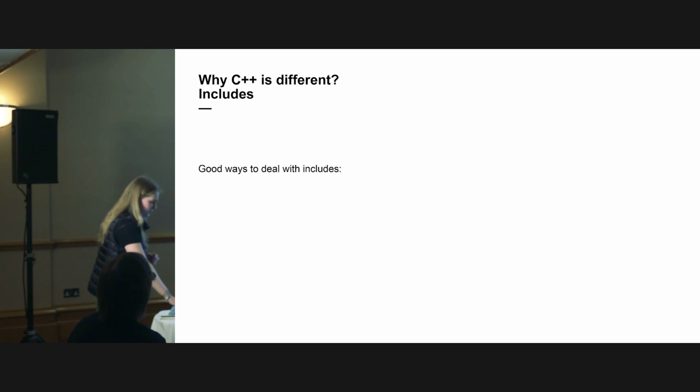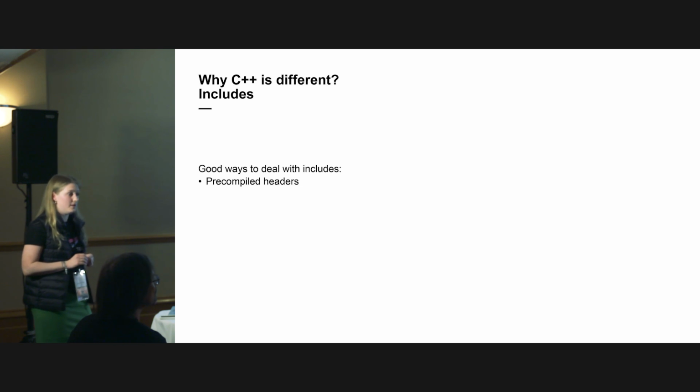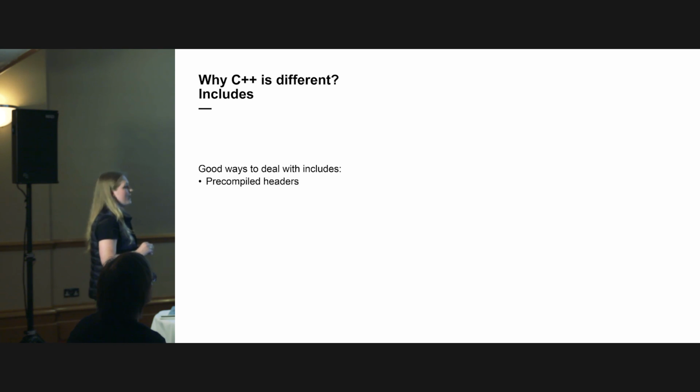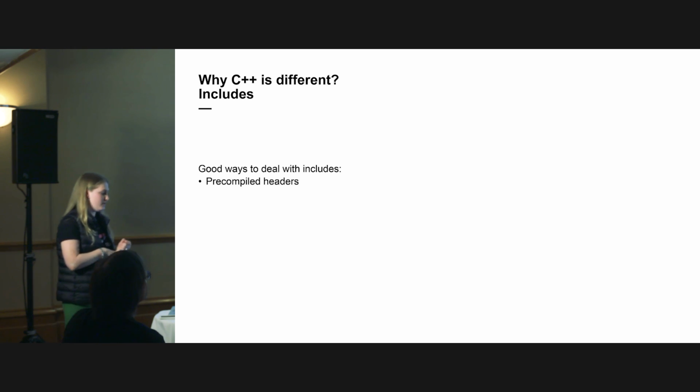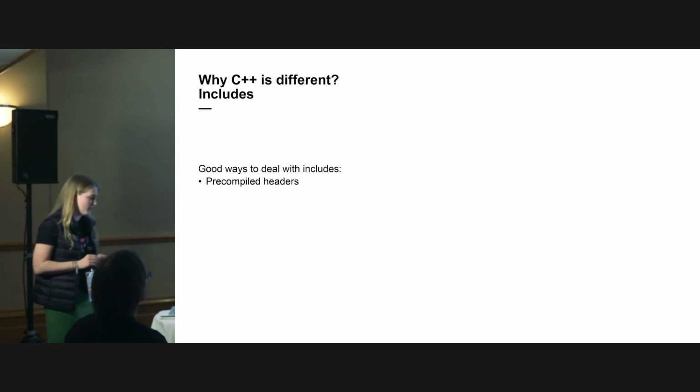The first good way, from my point of view, is precompiled headers. Precompiled header files are nice because first of all, they save time on compilation. You compile once and use as many times as you want.